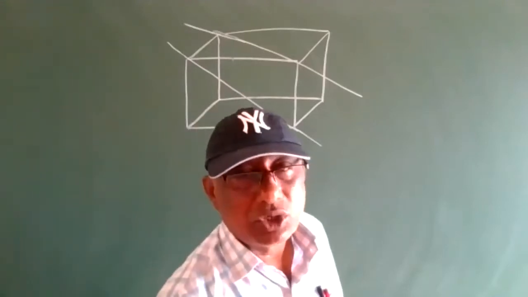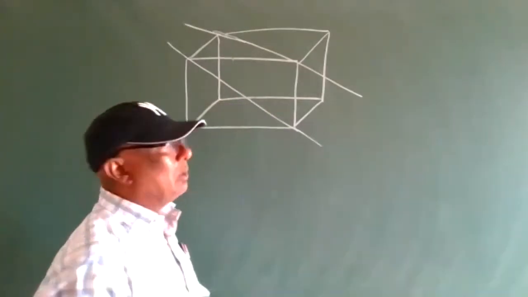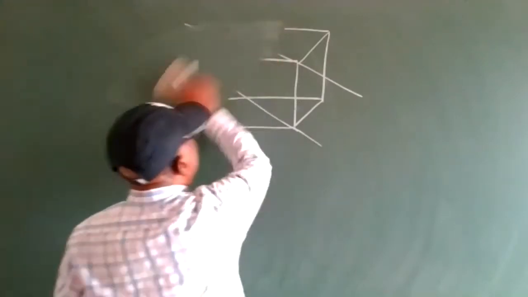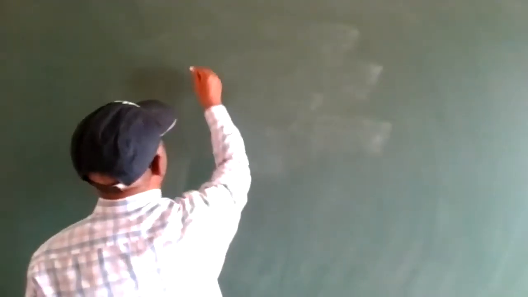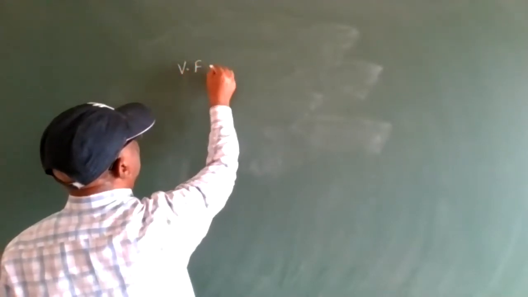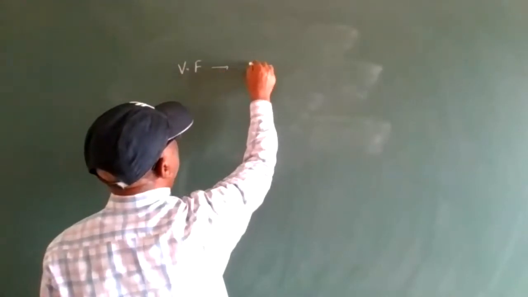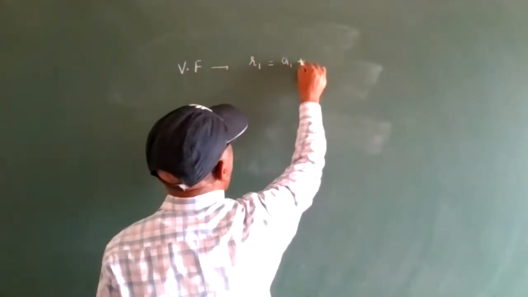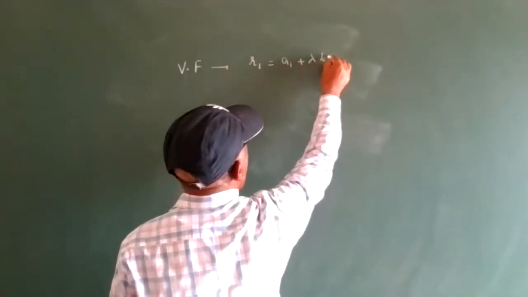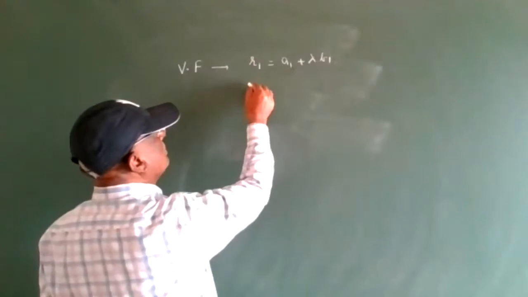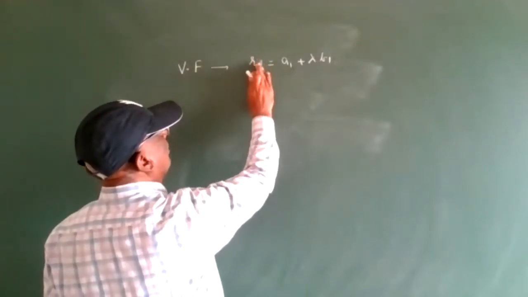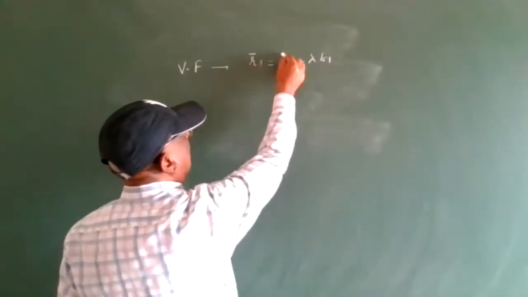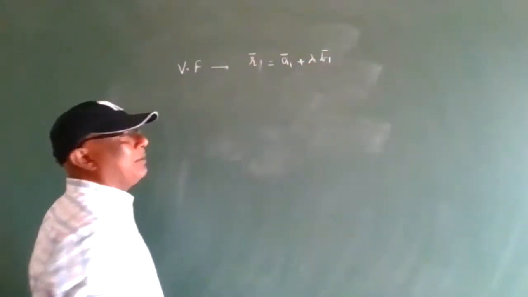Next point: shortest distance between the skew lines. Everyone observe. First, the vector form of the equation. The vector equation is R bar equals A1 bar plus lambda into B1 bar.